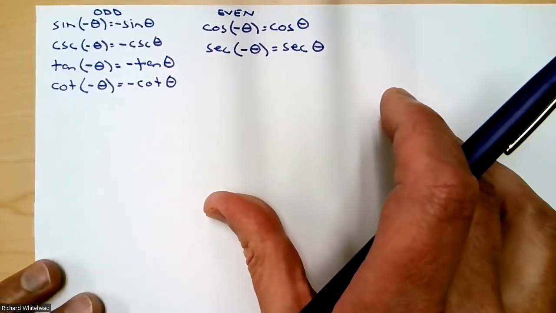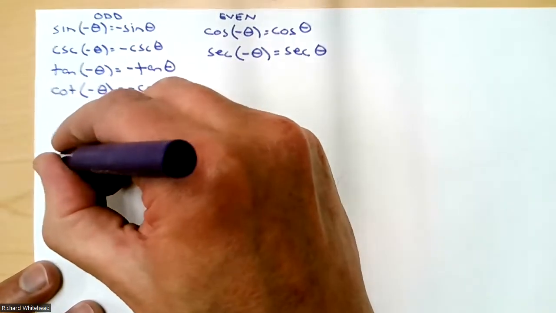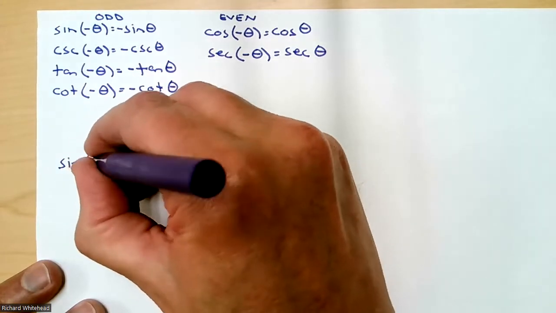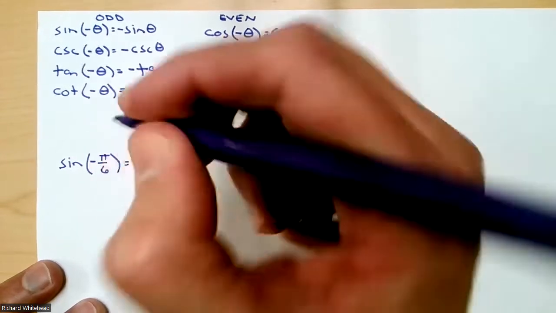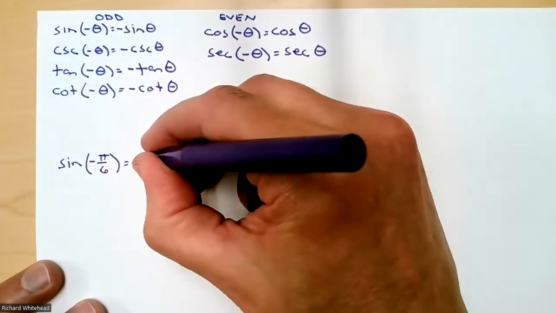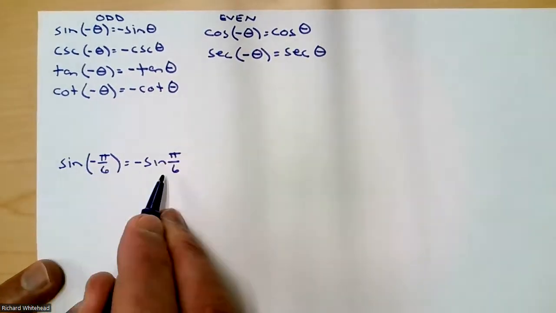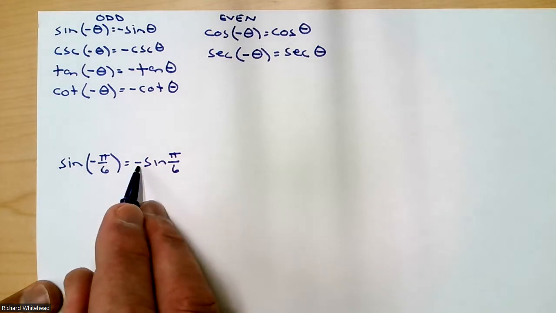So you're thinking, well, that seems kind of weird. Let's do an example. What is sine of negative pi over 6? Are these two things equal, if I bring the negative out front?